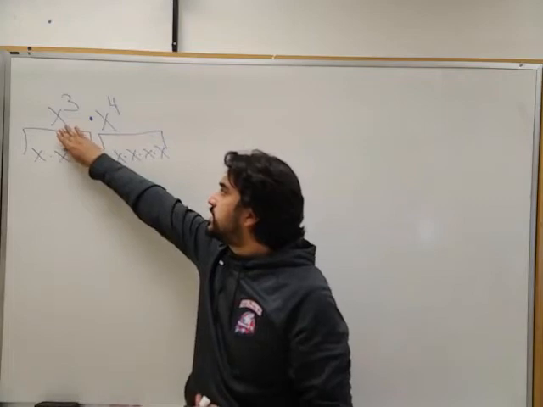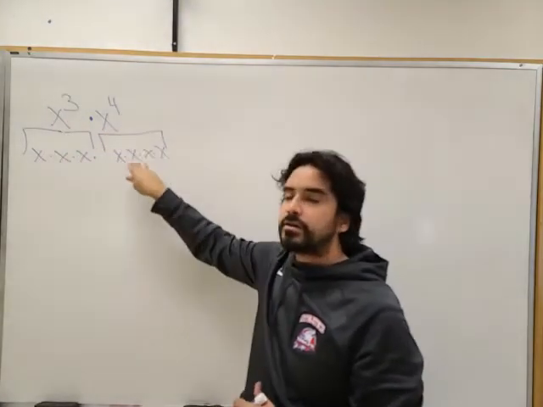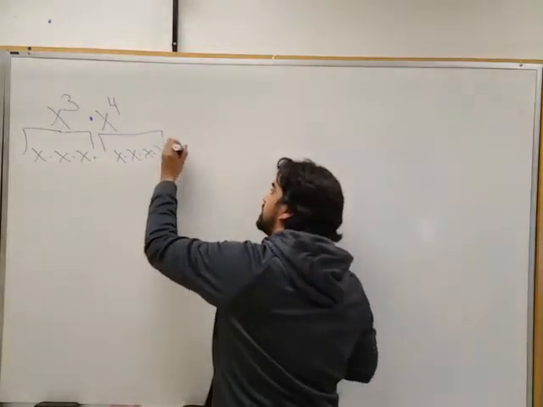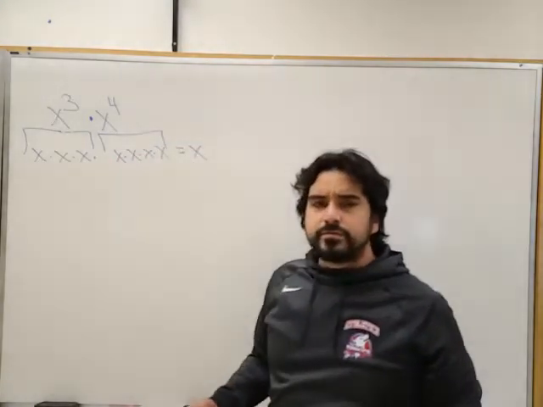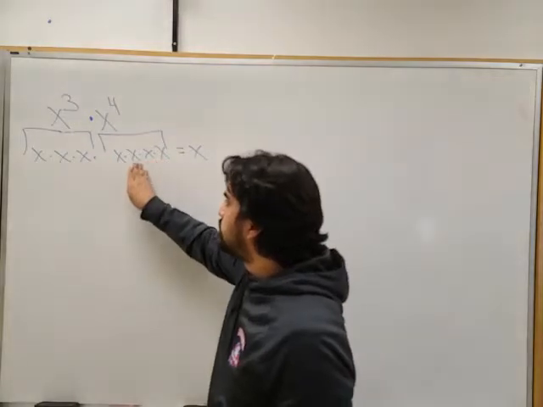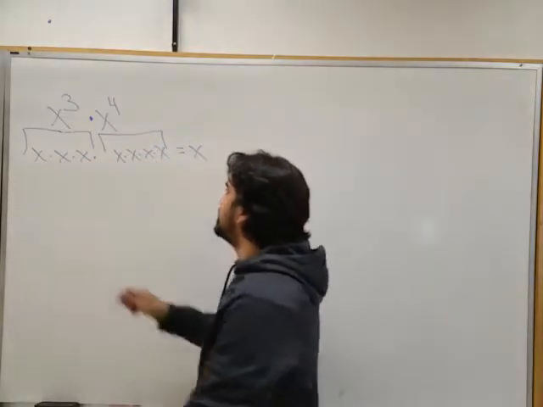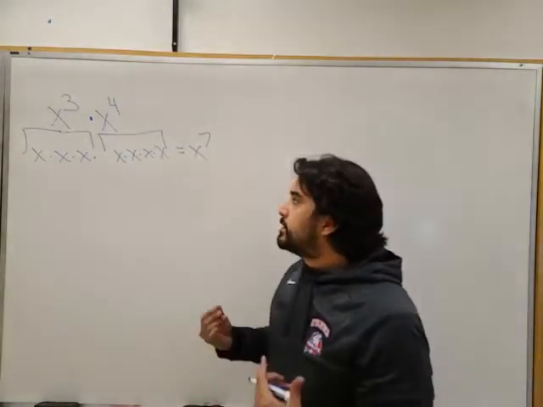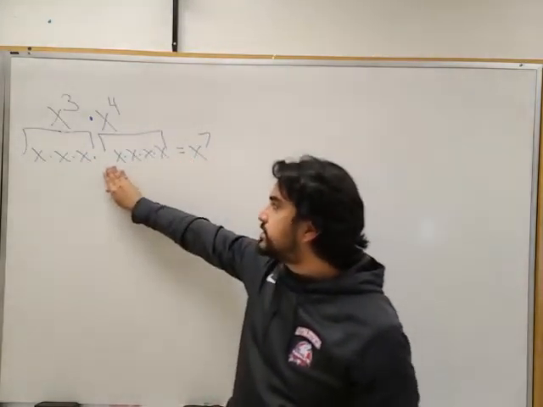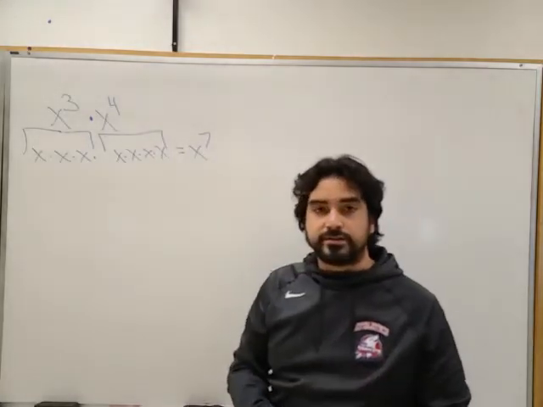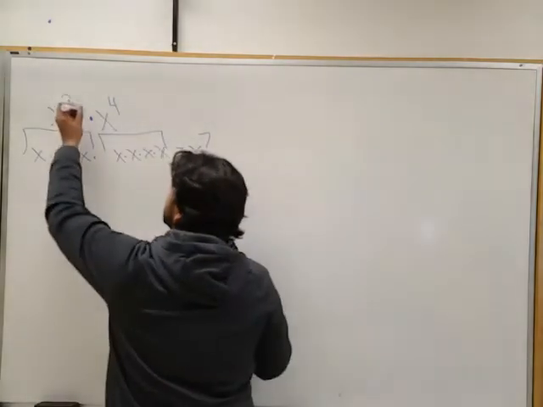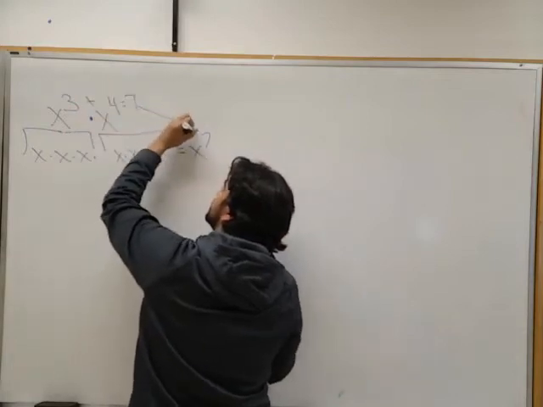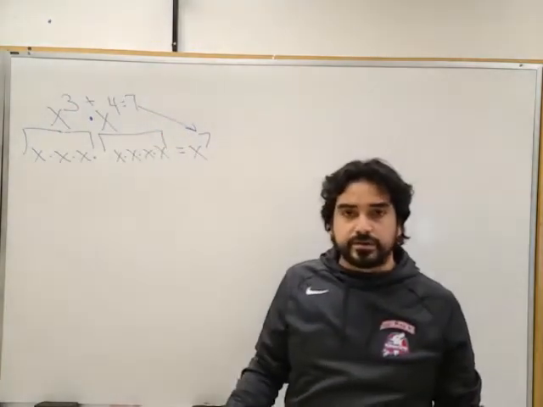So we got x to the power of 3 here, x to the power of 4 here, where they're all x's. So my base is going to be x. And how many of them am I multiplying? 1, 2, 3, 4, 5, 6, 7. Remember, if the bases are the same and you're multiplying them, you could add the exponent. 3 plus 4 equals 7, which gives you the same number.